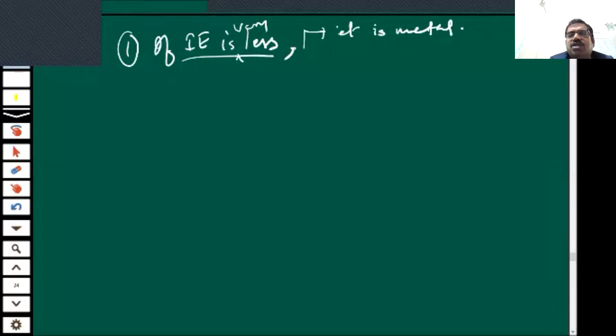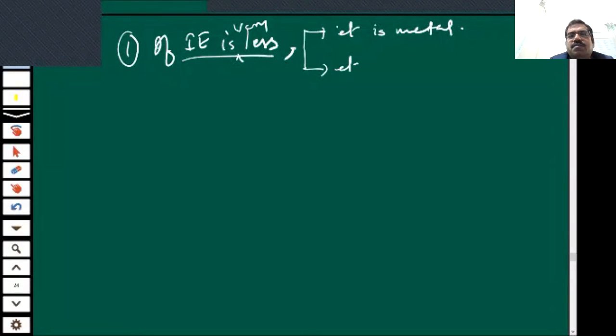So see, so many things we can extract by knowing the values of IE. First of all, if the IE value is very less, it means the element is a metal. Metal has lower ionization energy.